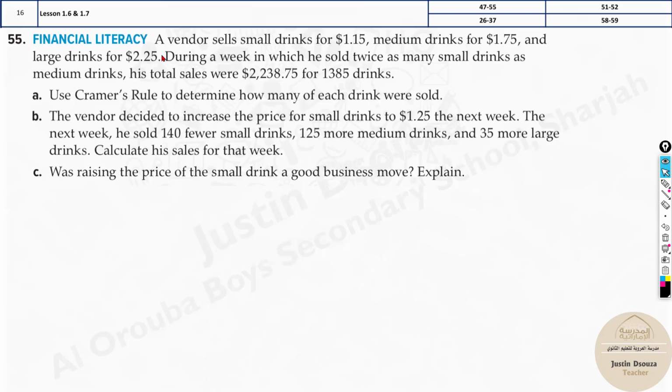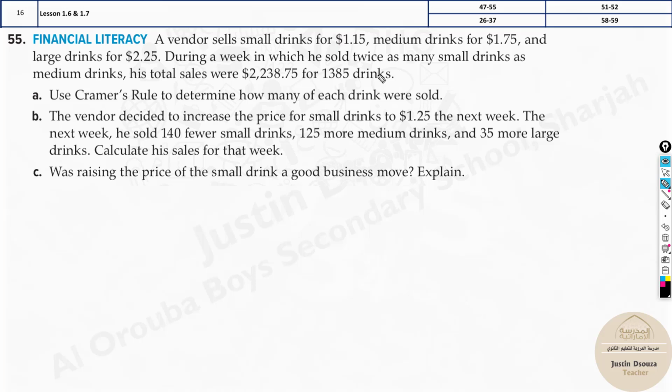We now have an interesting problem here. A vendor sells a small drink for $1.15, a medium drink for $1.75, and a large drink for $2.25. During a week in which he sold twice as many small drinks as medium drinks, his sales were $2,238.75 for 1,385 drinks.